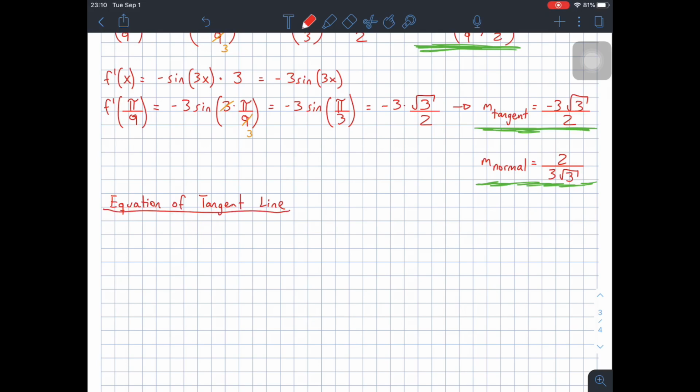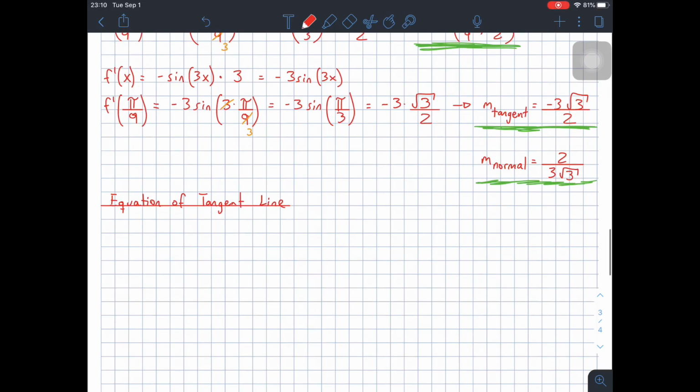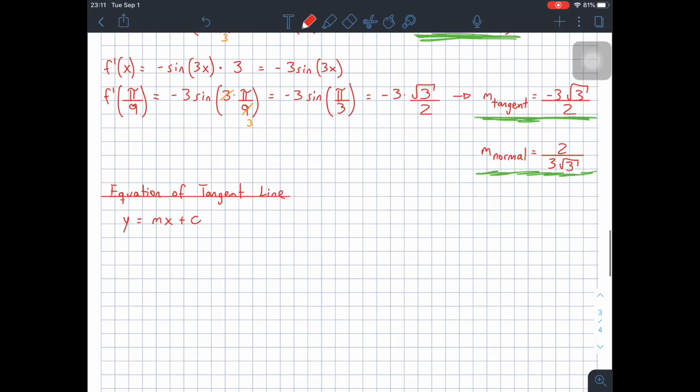If you remember, the equation of any line is always given by y equals mx plus c, right? Where m is the slope and c is the y-intercept. So if I plug in my given point into the x, y values of the equation, I am going to be able to find the value of c.